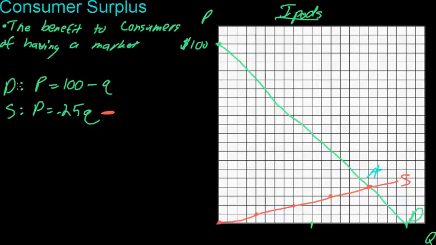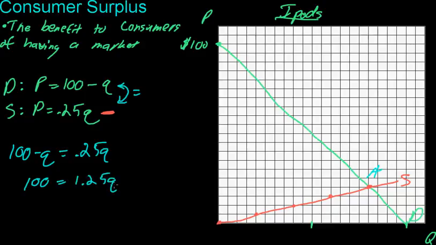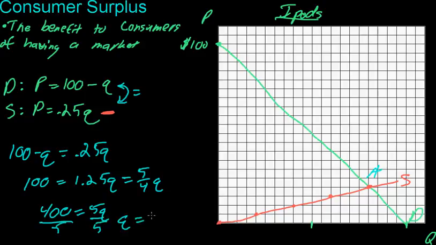So I'm just going to set these two things equal. 100 minus Q is equal to 0.25 Q. Add Q to both sides, we get 100 is equal to 1.25 Q, which another way of writing 1.25 Q is 5/4 Q. So 100 multiplied by 4 is 400, which is equal to 5Q, and then divided by 5, Q is equal to 80.